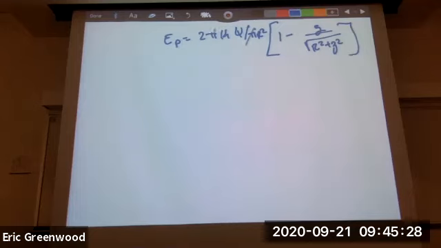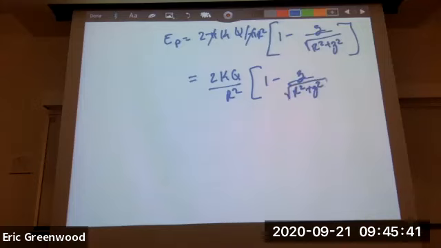So this pi is going to cancel out this pi, and finally I get 2kq divided by r squared times 1 minus z divided by the square root of r squared plus z squared, all in the k-hat direction. This is our electric field.